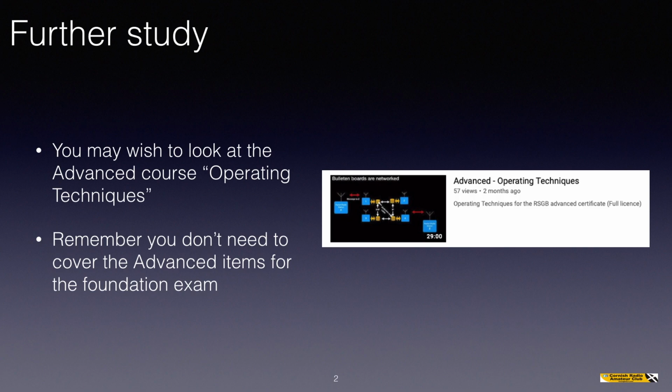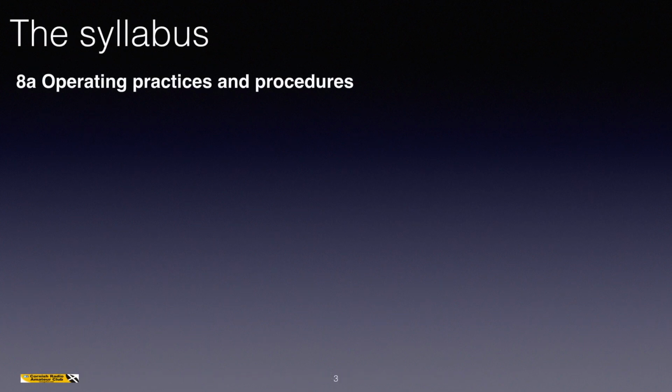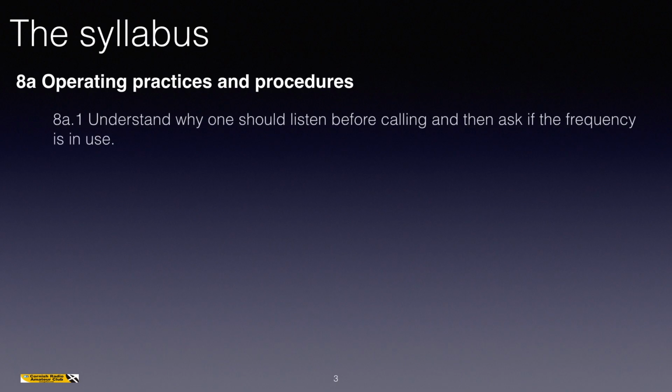So let's have a look, as usual, at the syllabus. Section 8A, operating practices and procedures. We need to understand why one should listen before calling and then ask if the frequency is in use. Recall how to make a CQ call.